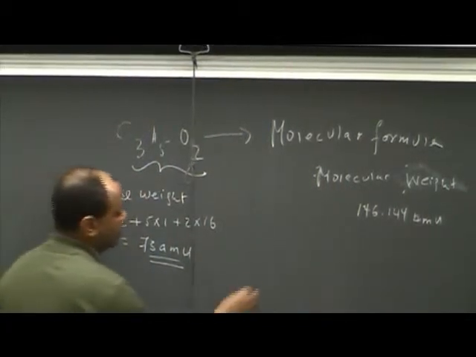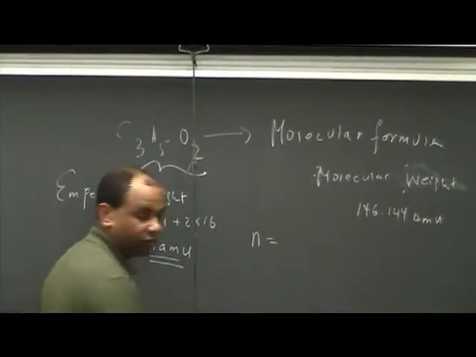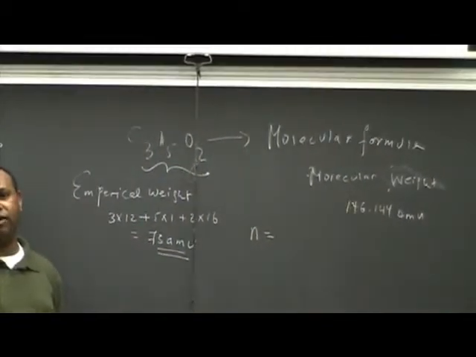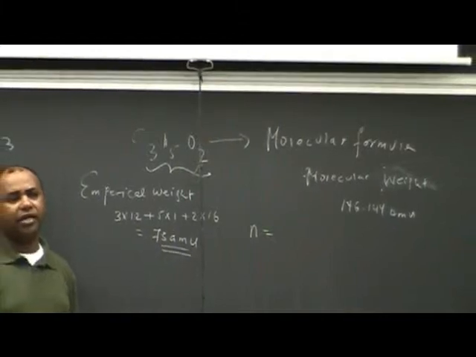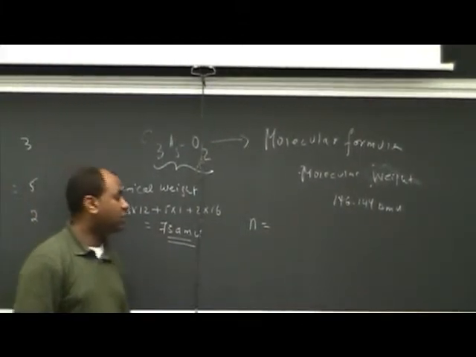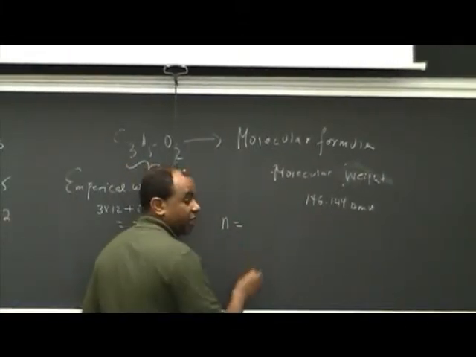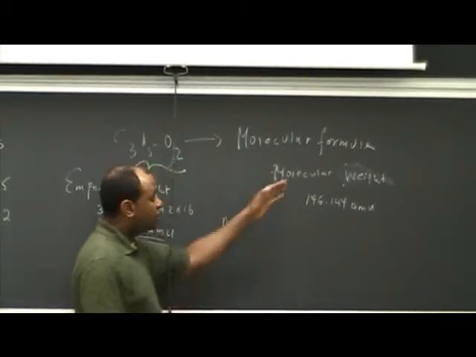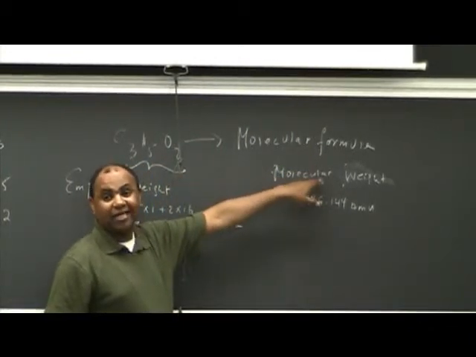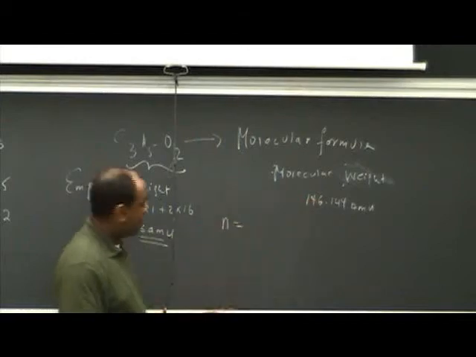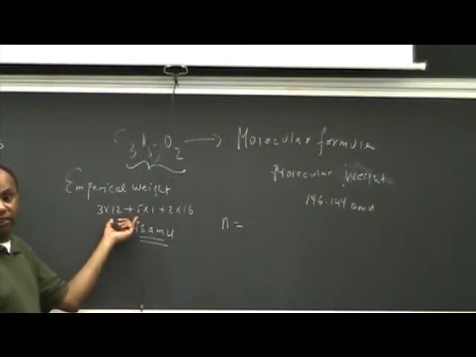So there is something called a factor N. A factor N can be calculated by dividing the given, experimentally determined molecular weight by the empirical weight.